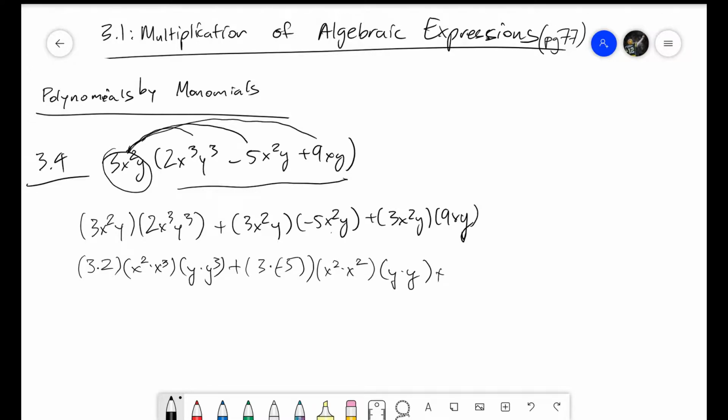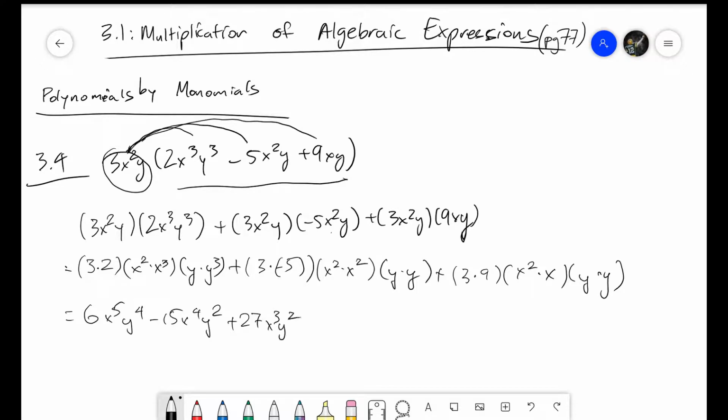The final term is 3x squared y times 9xy, which is equal to 3 times 9 times x squared times x times y. This is equal to 6x to the fifth y to the fourth minus 15 x to the fourth y squared plus 27 x cubed y squared.